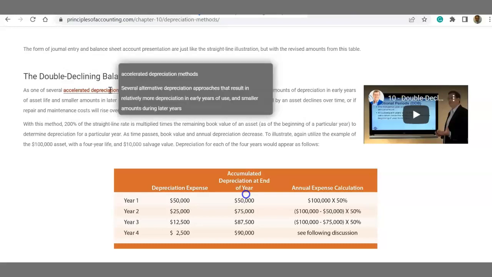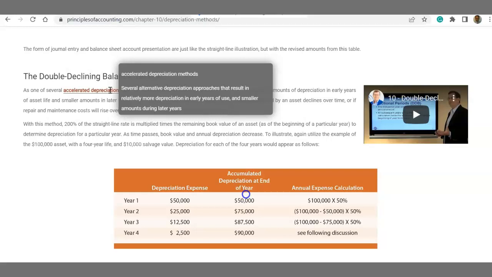So what is double declining? First of all, it's a declining balance method. And from declining balance methods, double declining balance method is the most popular one. Double declining means twice faster depreciation than straight line depreciation.